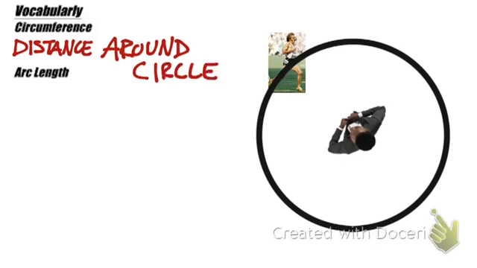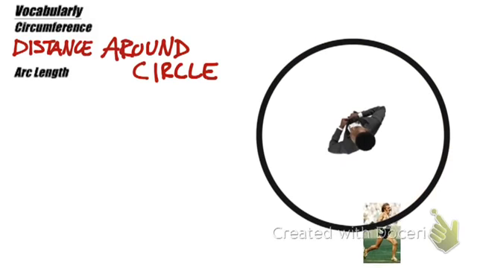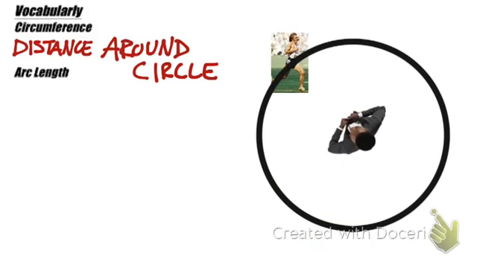And we all know that tracks aren't really a perfect circle, but it's the idea that you're running around and how far that person's running would be the circumference or the distance around the circle. So if we take this man, for example, he will run all the way around backwards because we can't really rotate him, and that would be one full lap, which would be the circumference of the circle.